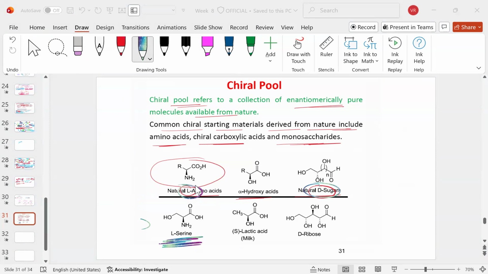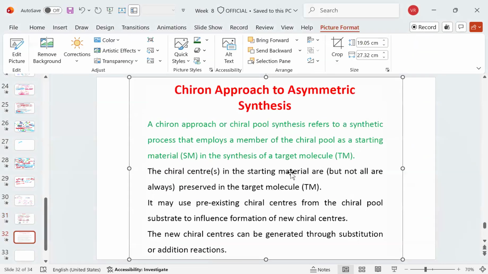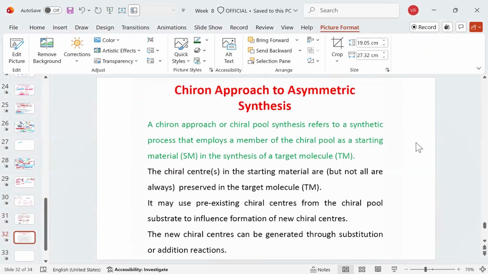So basically, in this approach, we select some commercially available starting material, and from that starting material we carry the chiral center through to the end of our synthesis.